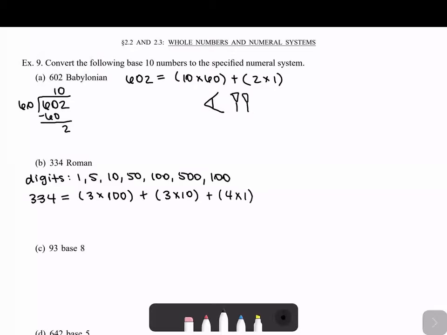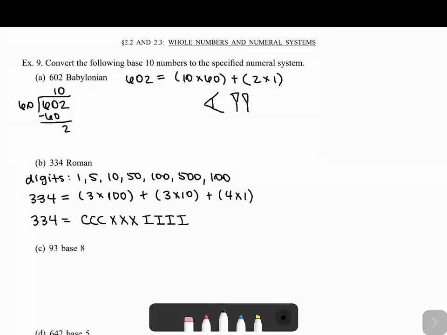So we just write this out. We combine 3 symbols for 100, 3 symbols for 10, and 4 symbols for 1. So 334 is C, because C corresponds to 100, X, because X corresponds to 10, and then 4 ones.